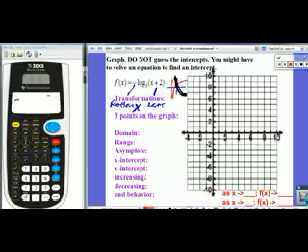Let's get some points so that we can graph it. Put this into the calculator. I'm going to have in my table feature, negative times, I'm going to have to do change of base here, log of my argument, x plus 2, over log of my base.